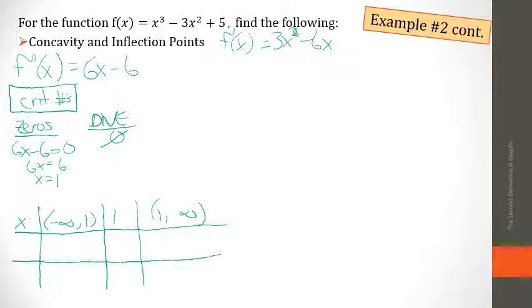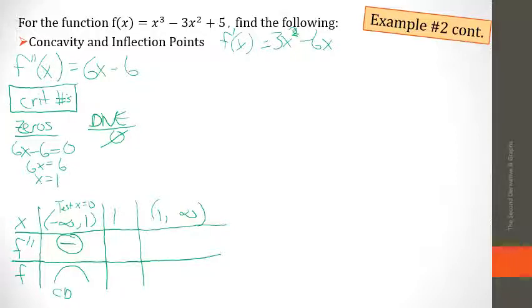We're looking at the second derivative and the original function. I would test x equals 0 in that derivative, and we get that that interval is negative, so the original function is sad or concave down.